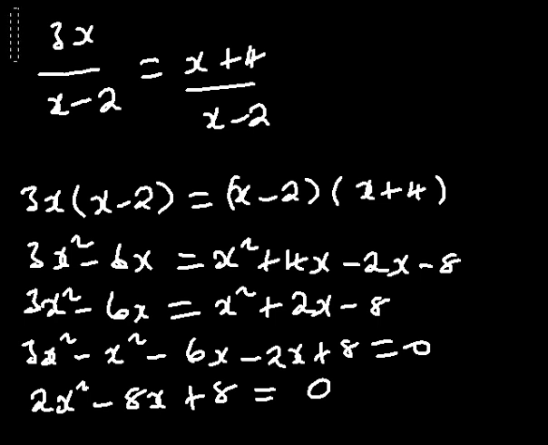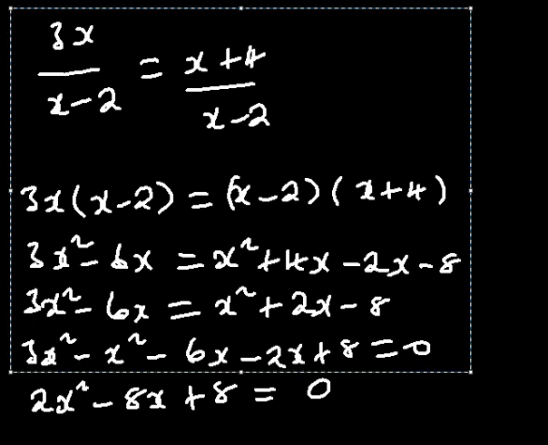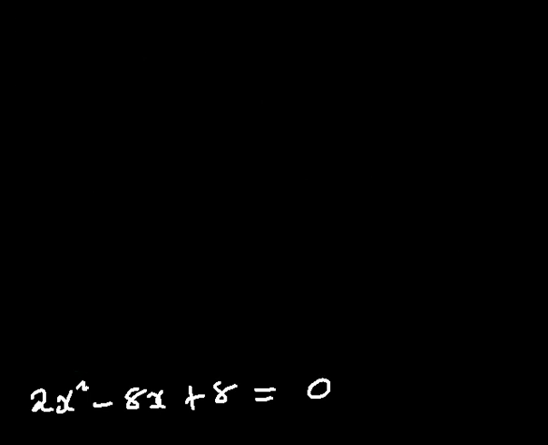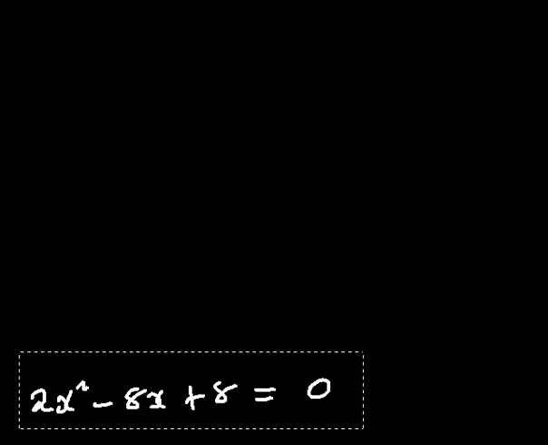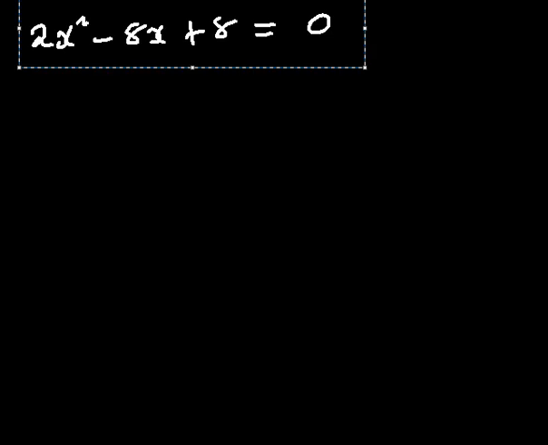And now what we have is a quadratic equation. Let's see how we can solve it. You should be conversant with the methods used to solve quadratic equations, the likes of the factor method, the completing the square method, and even the quadratic formula. You can see that we have 2, 8, and 8.